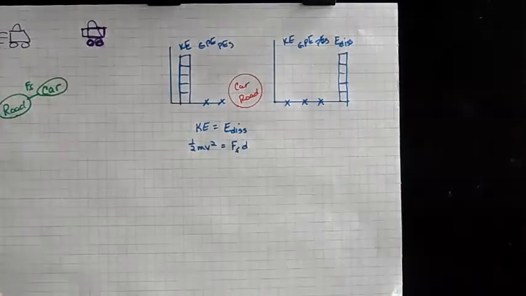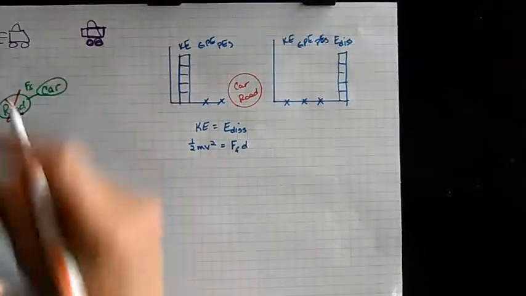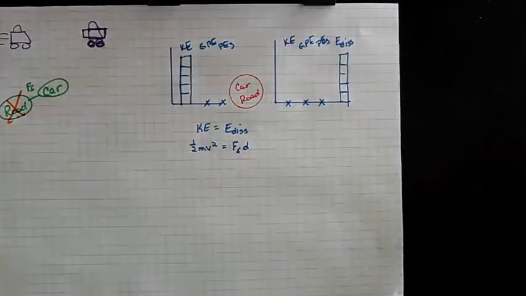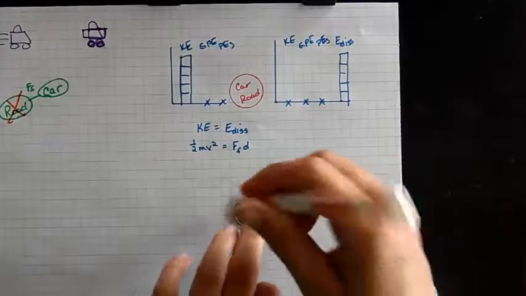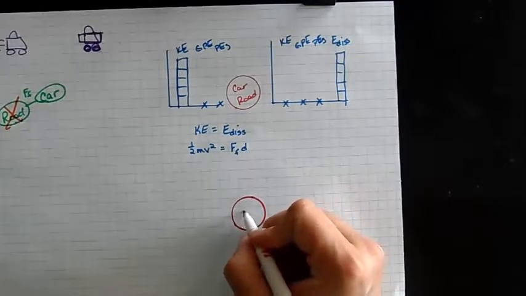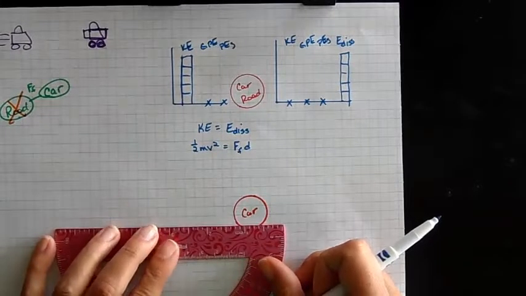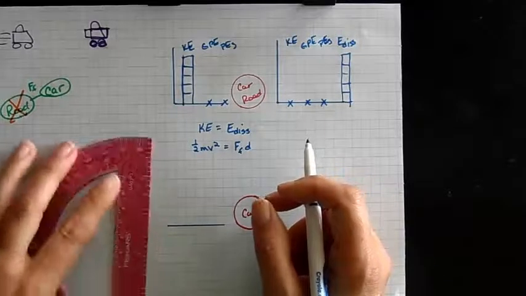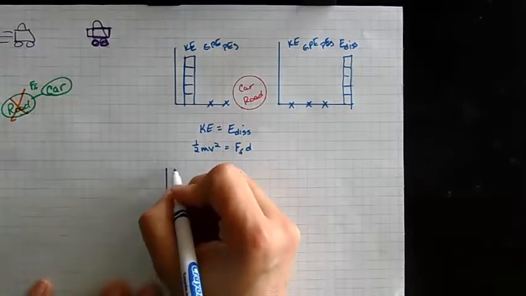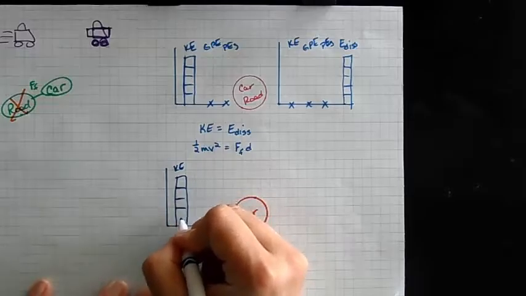Now what I want you to look at, what if we do not include our road? What if our system is only the car? We can do this again with only the car. So over here, we've got our kinetic energy again. Okay, so same thing. Whoa, I'm getting fatter.